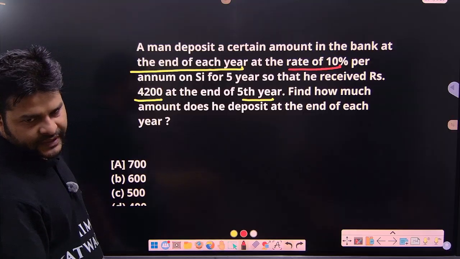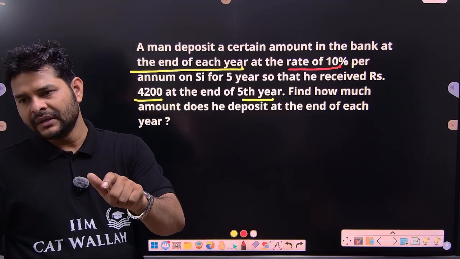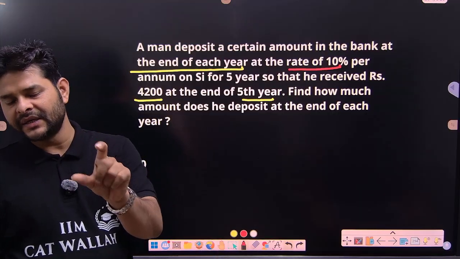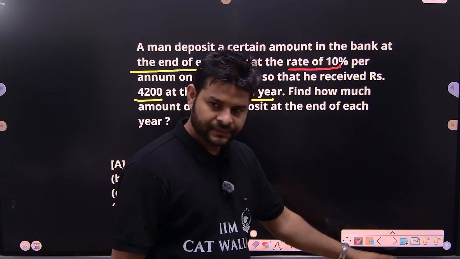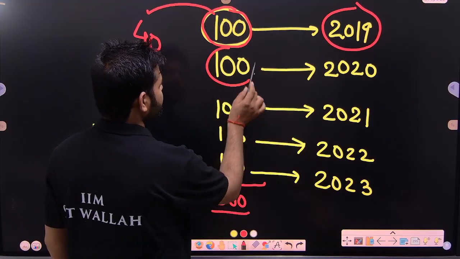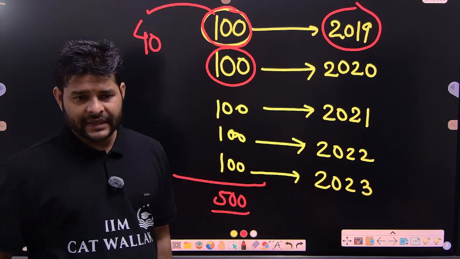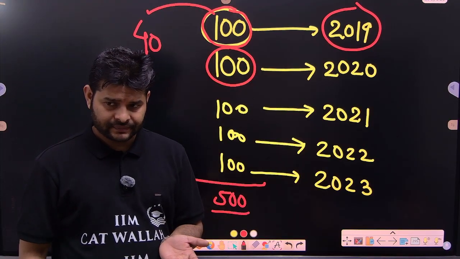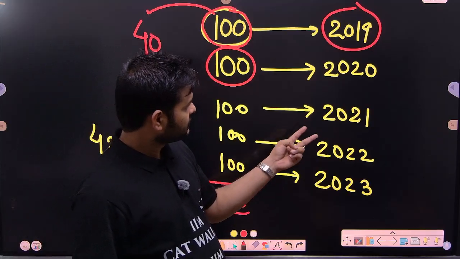Basically, he is depositing the fixed amount in the bank on simple interest. The rate of simple interest is 10. Clear? On this 100 unit, he will get the interest for how many years? For 3 years.